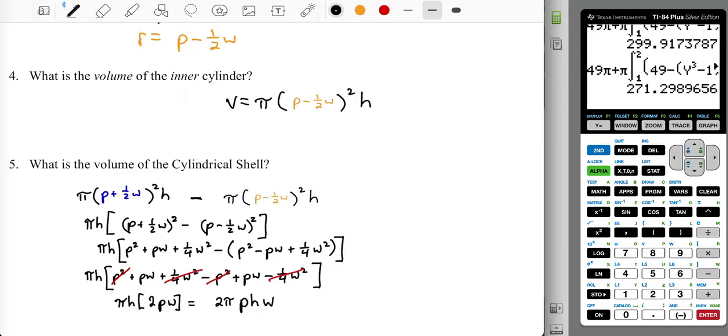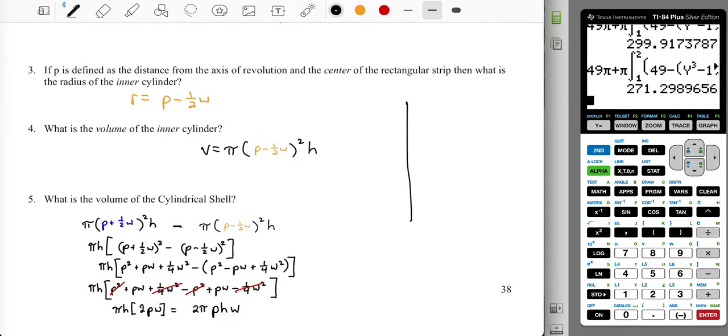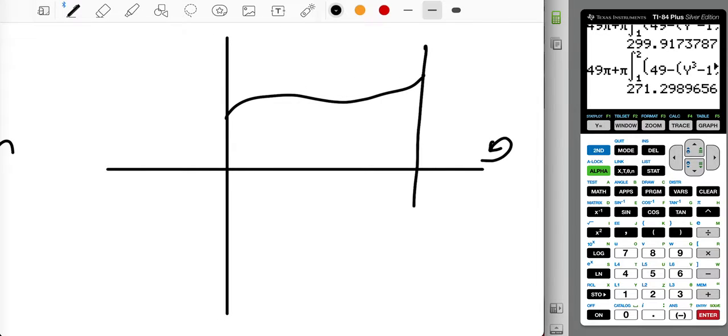If you have some bounded region and you want to spin it around an axis, I'll come up with just a simple one. Over that interval, based on the diagram I drew, it actually makes more sense to revolve it around the y-axis.